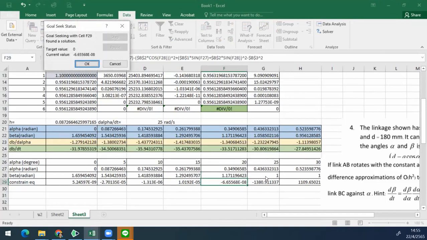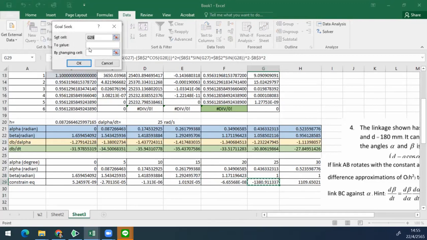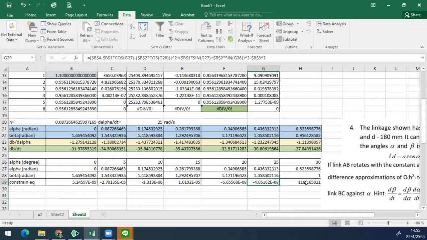Okay, you're right. That's only 2 data, right? And the final one.